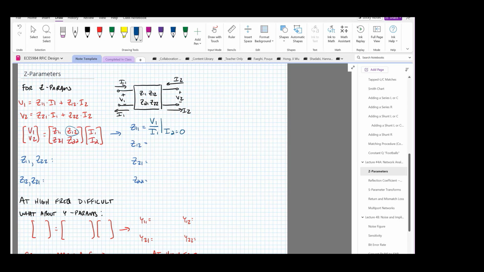And for any of these network parameters, it's Zij, where i is the output and j is the input. So Z12 is V1 over I2 when I1 is equal to 0. And we can quickly write the other ones just following that rule.